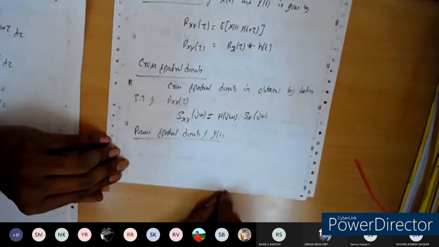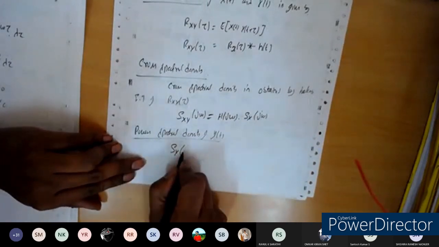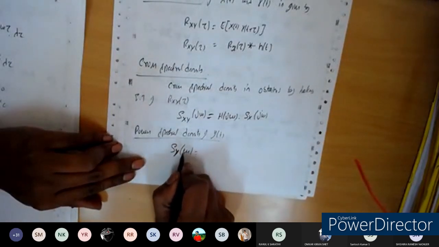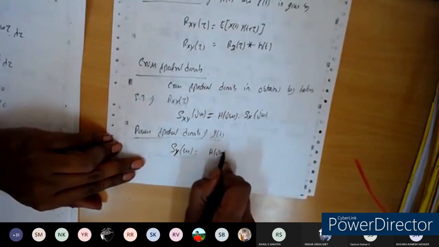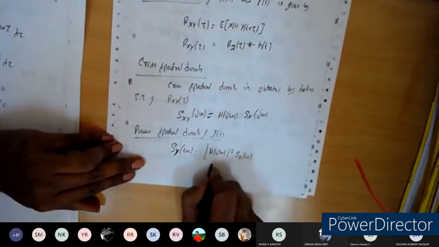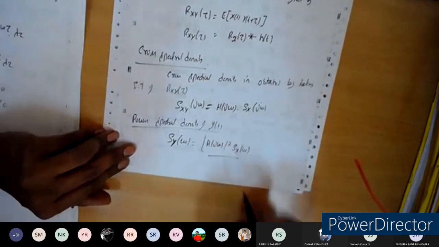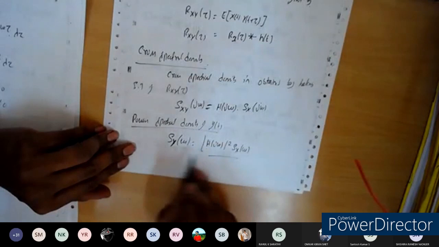This is given by the formula: Sy of omega. With the power spectral density as Sx of f, or Sx of omega, it will be equal to the magnitude of H of j omega, the whole square, into Sx of omega. So this is the power spectral density which you are going to obtain.